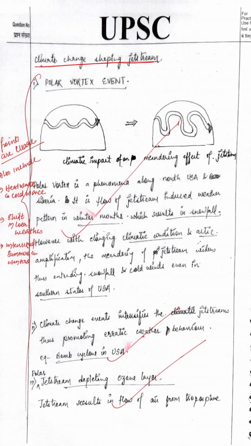Sometimes it is making these jet streams weaker also, because of the pressure gradient between the two regions, for example, if this is the Ferrel cell and this is the polar cell. So when the pressure gradient changes, it results in the weakening or strengthening of the jet stream.